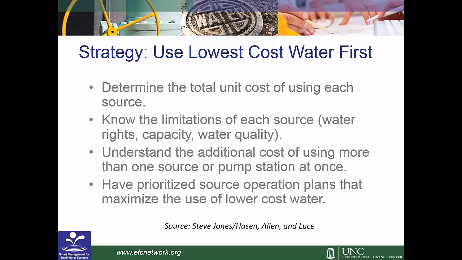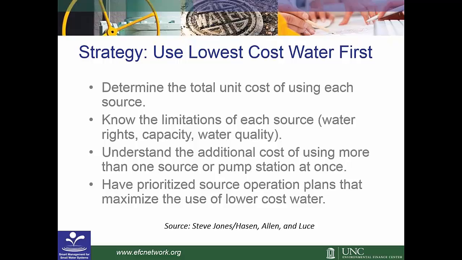So if your water is supplied, let's say you're a groundwater system and you've got a number of different groundwater wells, you may be able to identify which of those wells are having higher versus lower electricity costs per gallon of water that you pump out of the ground.